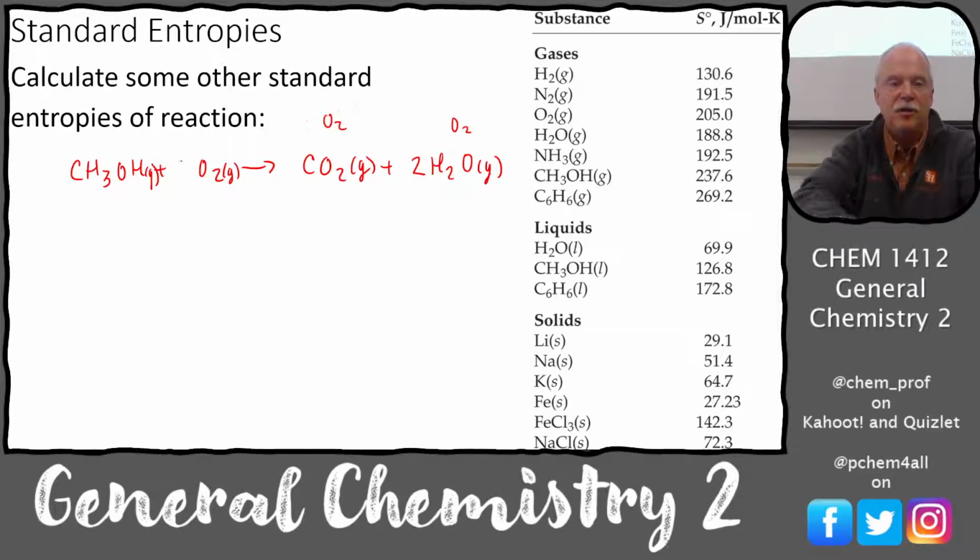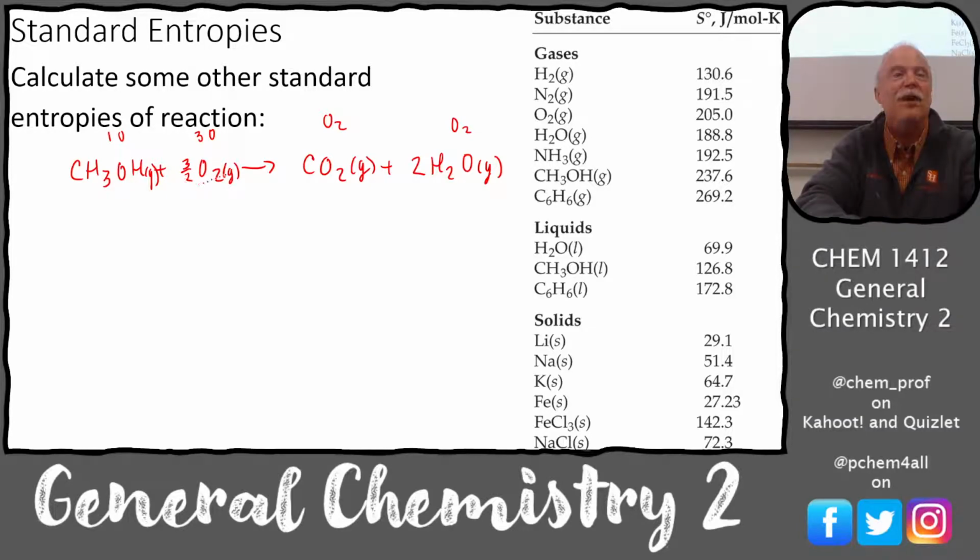So I just need 2 O2s. Nope, but I've got 1 oxygen here. And so I only need 3 here. So how do I get 3 oxygens when they come in pairs? Three halves. You could do that, but it's not pretty.